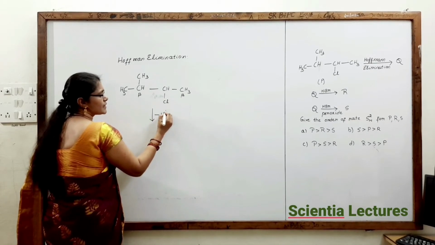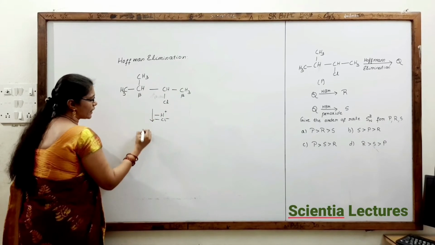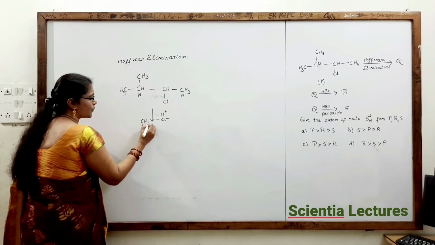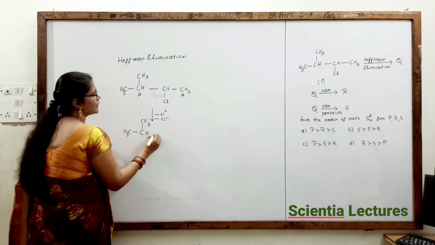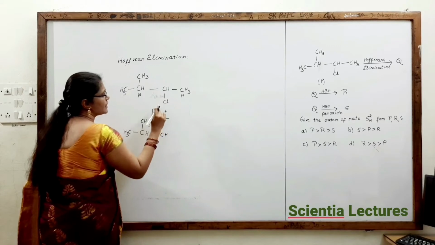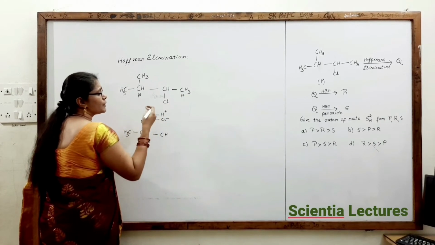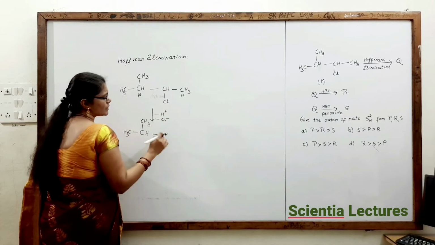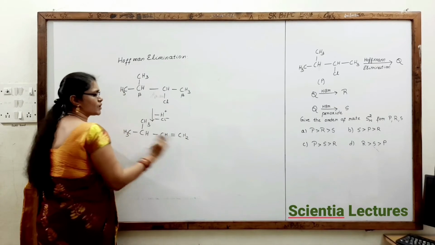When hydrogen and Cl are eliminated, we do get a double bond over here. What is the elimination product produced here? We can clearly see that in the Hofmann elimination product, Cl minus is removed from here and H plus is removed from here, and a dehydrohalogenation occurs. So we will get a double bond over here. This is the Hofmann elimination product.